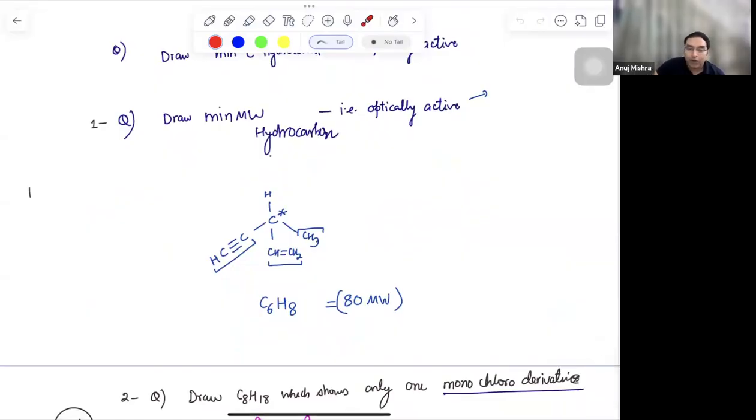Next question. Draw C8H18 which shows only one monochloro derivative. How will you do it?